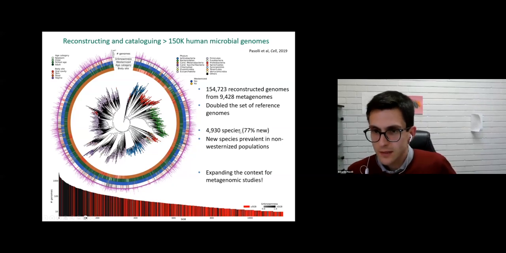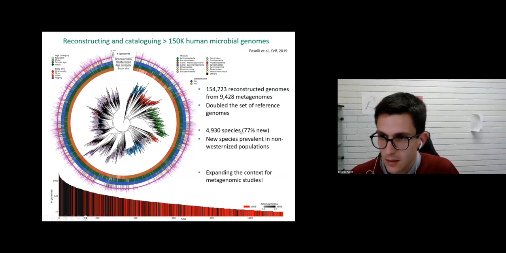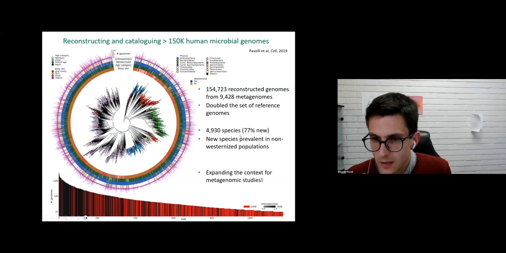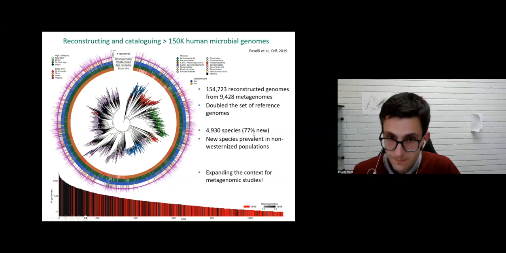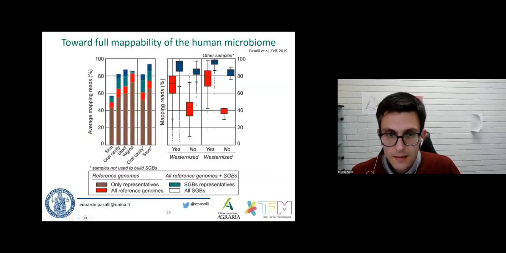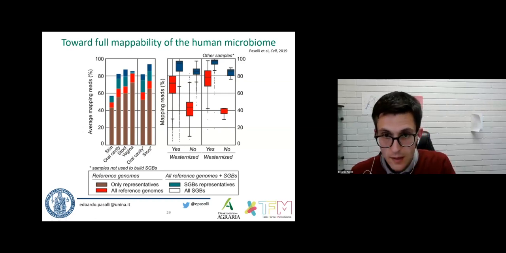It was also quite interesting to see how a good portion of these species were new, so without isolated genomes, and these species were in particular present in non-westernized populations. This was also important to improve the mappability of the human microbiome.